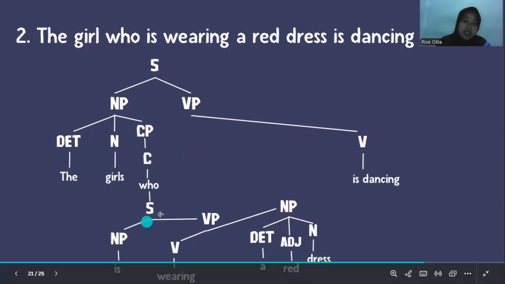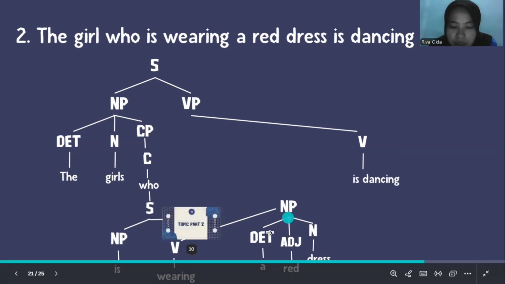The subject is divided into noun phrase and verb phrase. "Is" from the sentence is the noun phrase. The verb phrase is divided into verb and noun phrase. "Wearing" from the sentence is the verb. The noun phrase is divided into determiner, adjective, and noun.